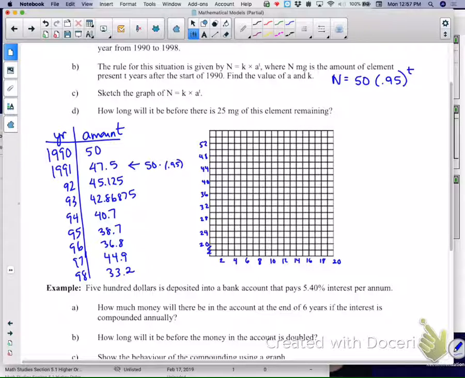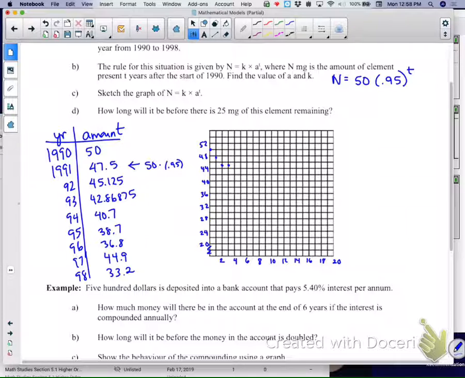At 0, I'm at 50. At 1, I'm at 47.5. And remember, we're going by twos, okay? So 47.5 is going to be 45-ish, here in between 44 and 46.